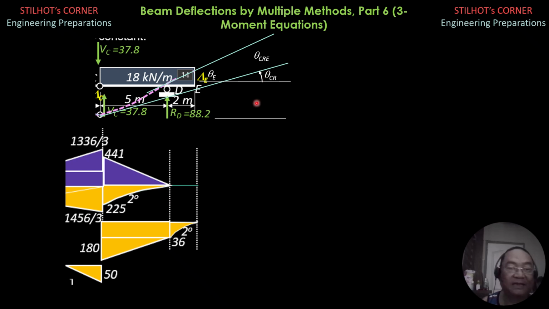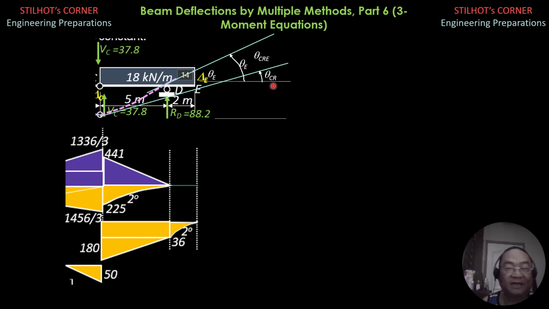And the angle that the tangent at E, which is here, makes with the horizontal is theta E. As shown, this is theta E. And the angle between the tangents at C right and at E is the angle theta C right E.